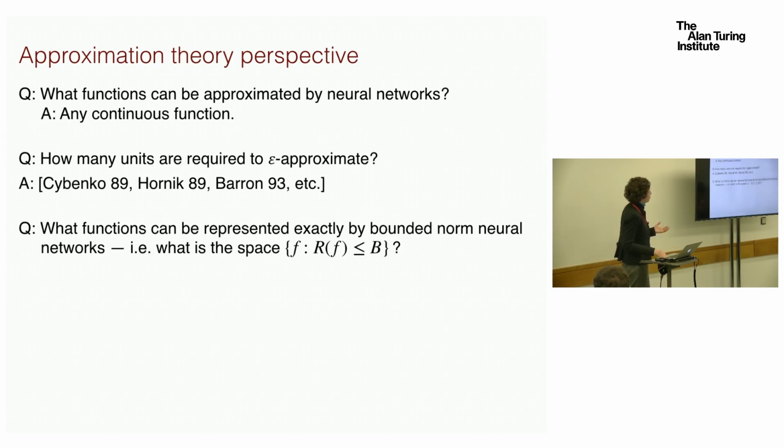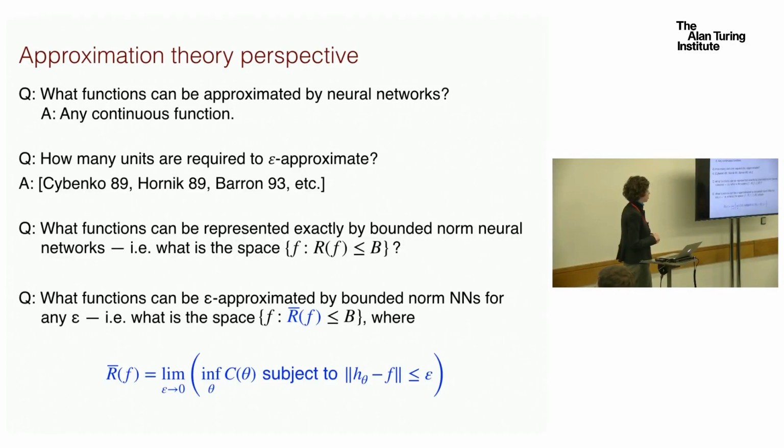Now, for some technical reasons, we're going to ask a slightly different version of this question, which is, which functions can be epsilon approximated by a bounded norm neural network for any epsilon, for a slightly different regularization function R?